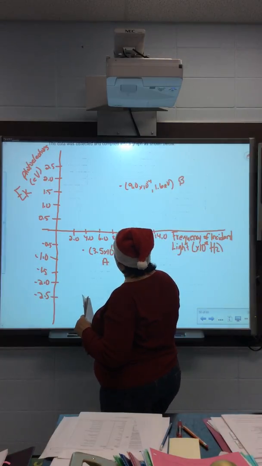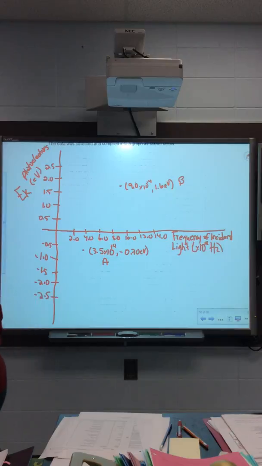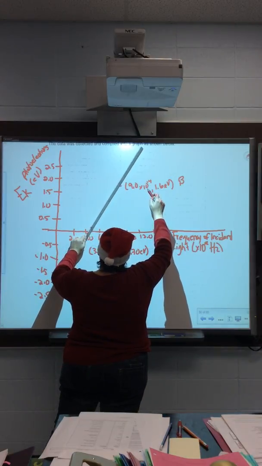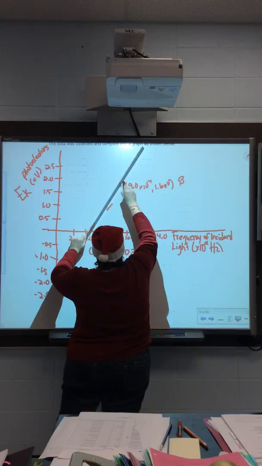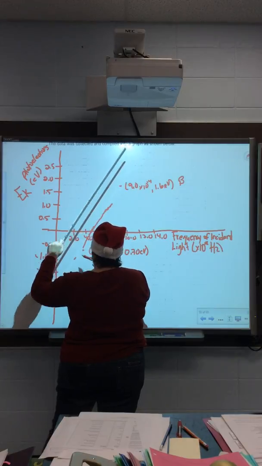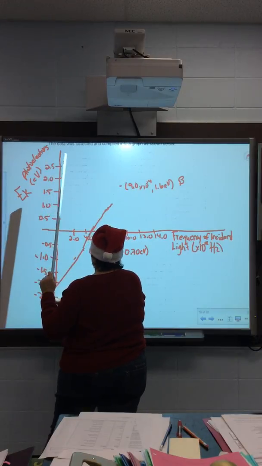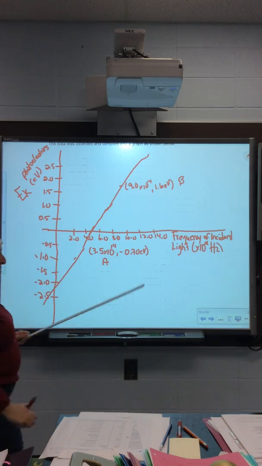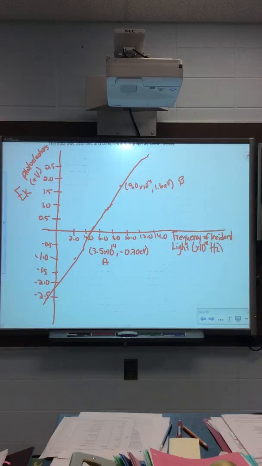And so then when we draw a line from point A to point B, of course, you're going to use a ruler and it's going to look much prettier than that.